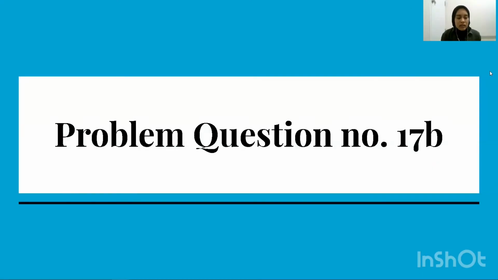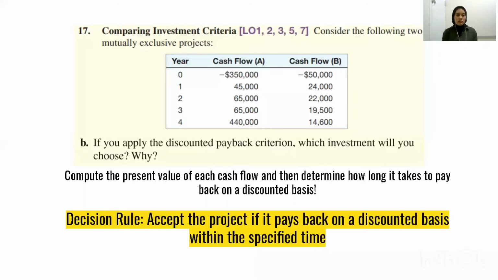Okay, now we have problem question number 17b. Here we want to compare investment criteria. We have two projects, project A and project B. In project A, we have 350,000 for the initial investment, and we can see that we have returns in years 1, 2, 3, 4 until we have 440,000 in return.